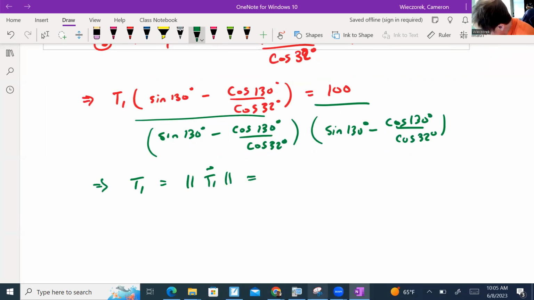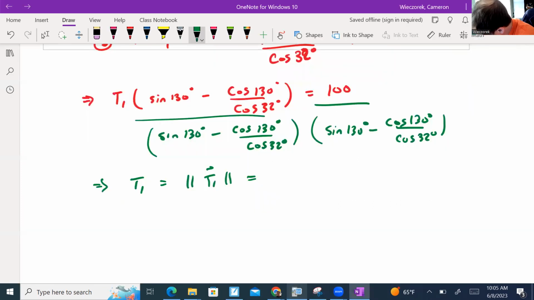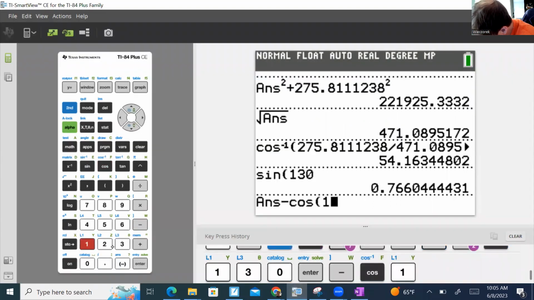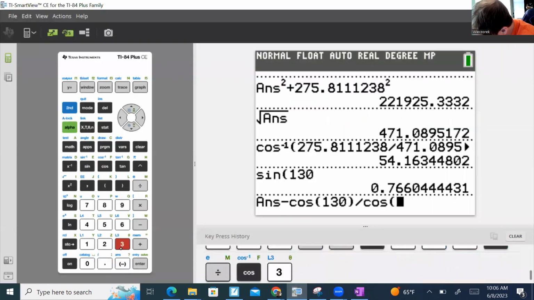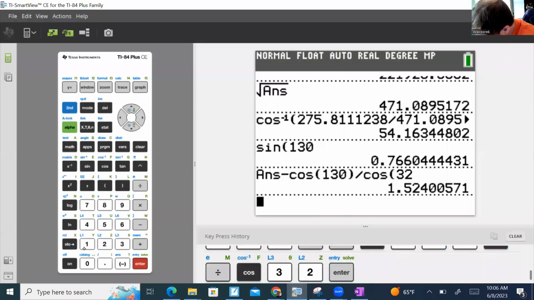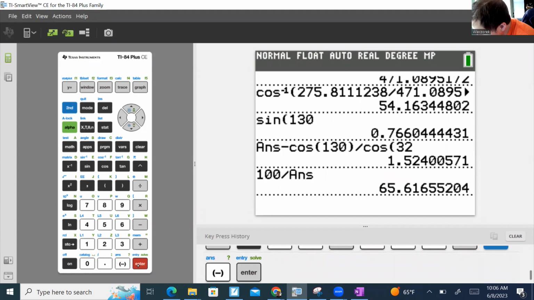I'm going to do the denominator first. So sine 130 minus cosine 130 divided by cosine 32, 100 divided by that gives me something's off here.